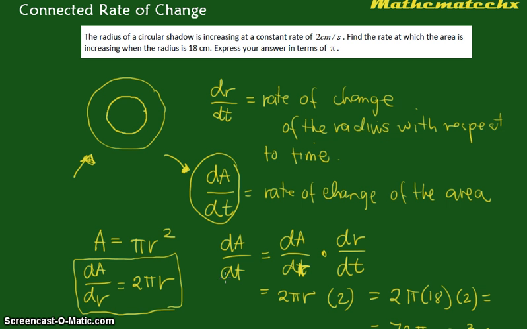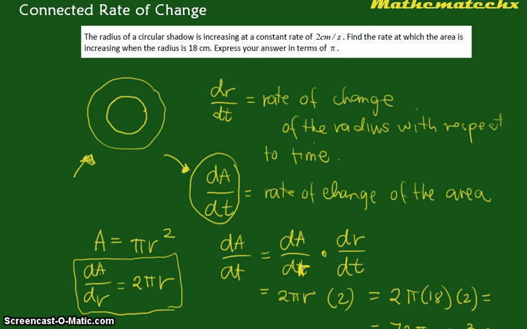Now the trick that we did here using the chain rule is that dA over dt is equivalent to dA over dr times dr over dt. Once we do that, we can find dA over dr, which will come from A equals pi r squared. Just differentiate with respect to r.